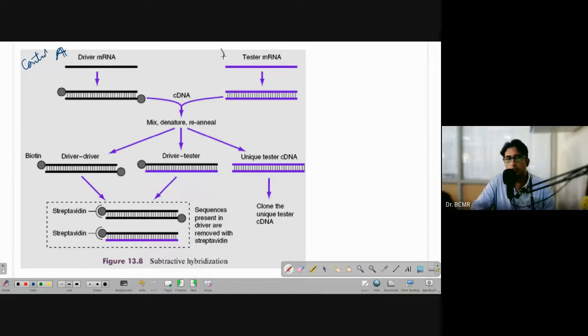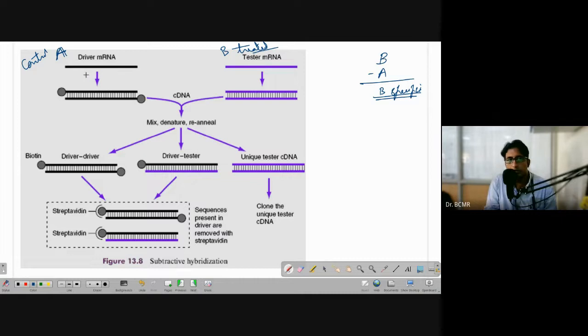And the tester is B, the treated one in our experimental setup. We are subtracting A out of B. So what will remain is B-specific genes, meaning that they would not have been expressed in A.